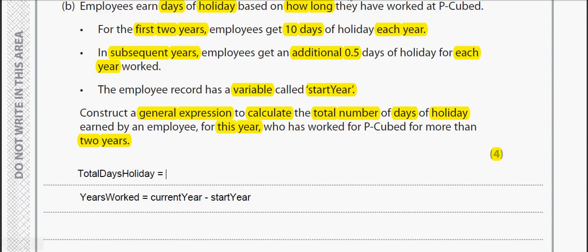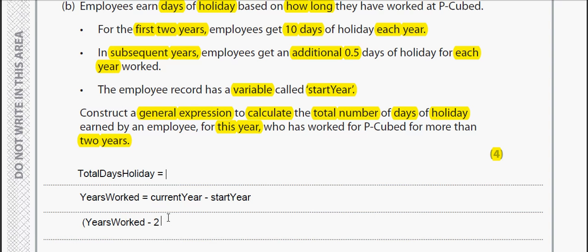So now we're at the point where we've got our inputs, and we're going to look at how we can work it out. So we are going to have to take 2 away from the years worked, and many of you missed that step out actually.